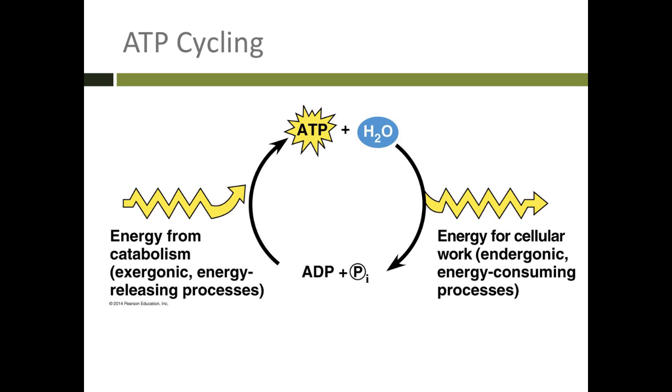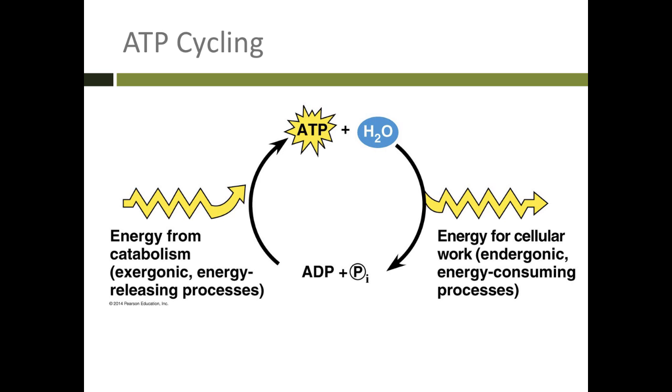The ability of ATP to release energy and become ADP plus inorganic phosphate, which can then accept energy and store it as potential energy in ATP, is a fundamental concept in biology.